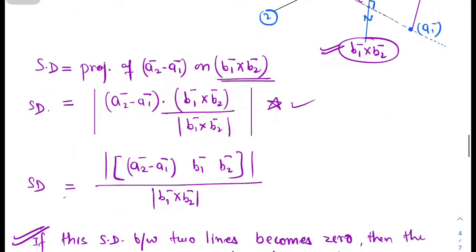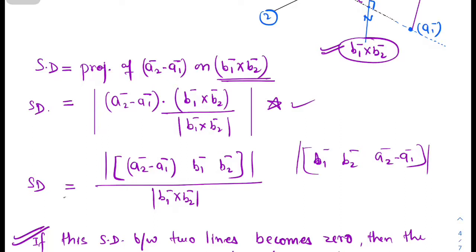There is no need to memorize this formula in the same manner. It can be a1 minus a2, it can be a2 minus a1. You know the properties of box product. If you write it like this, b1, b2 and a2 minus a1, this will also be correct, because ultimately you are going to take the absolute value.